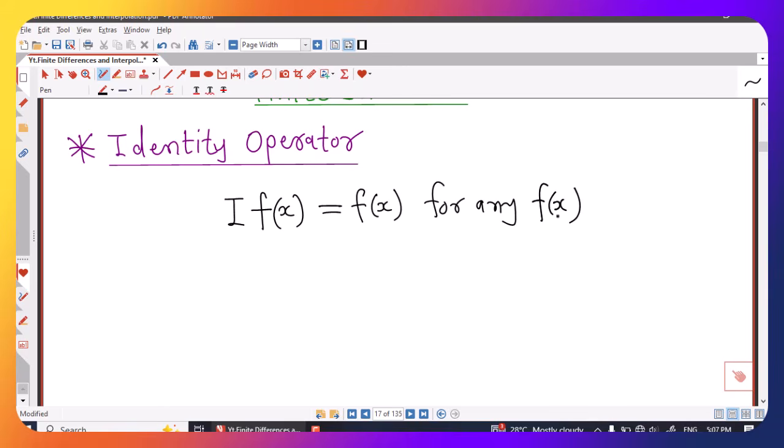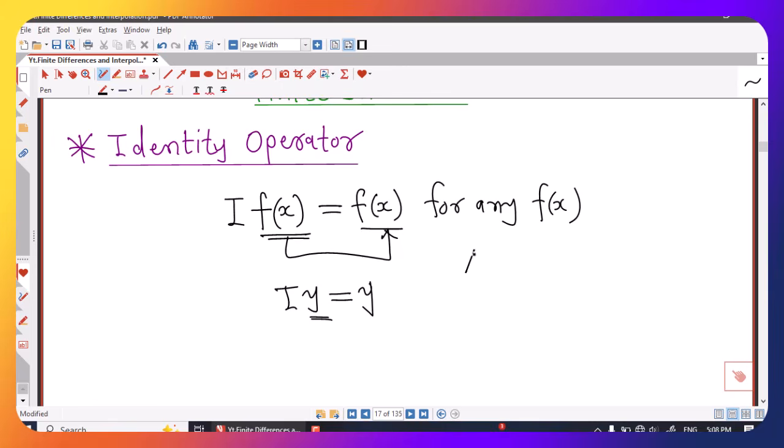That means the identity operator gives us the quantity back as it is. If we apply the identity operator to any function of x, say y, then I of y equals y.